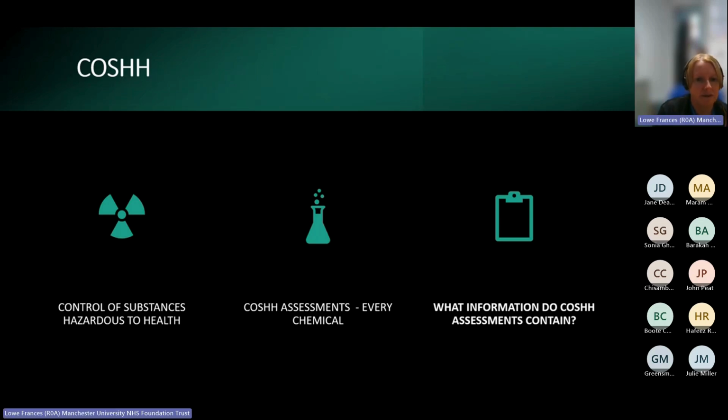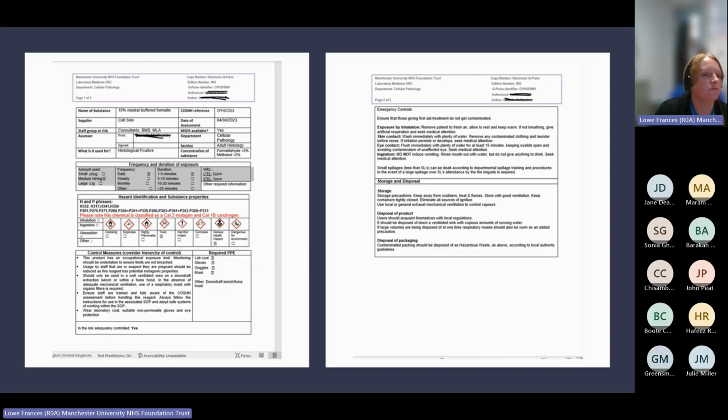And again, as I've already mentioned, I'm going into detail a little bit more in this because it is quite a common interview question, and the answers are never really very good with them. So this is an example of a COSH assessment. It's a detailed document, and as I've mentioned, it takes its info from the MSDS sheets that come with the reagents.